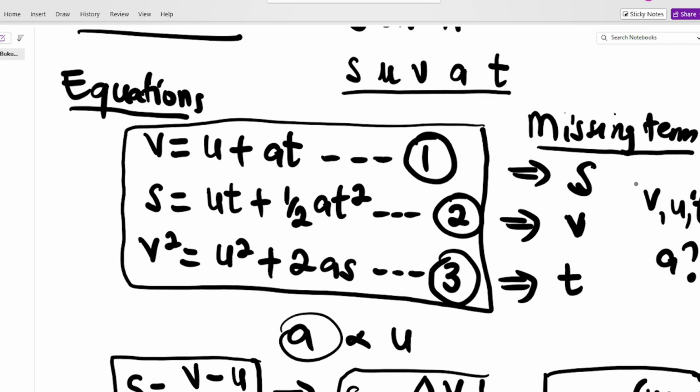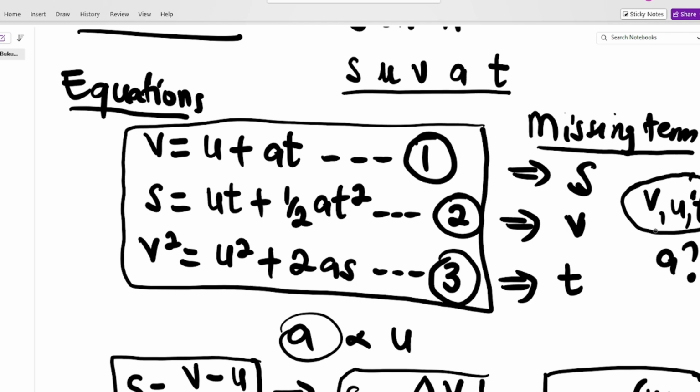Coming again. When they give you a question, and the question has provided you velocity, initial velocity and time, and they are looking for acceleration, put the ones they have given you, the ones with values in the question, into the equations. Make sure that you choose the equation where only one term is missing.